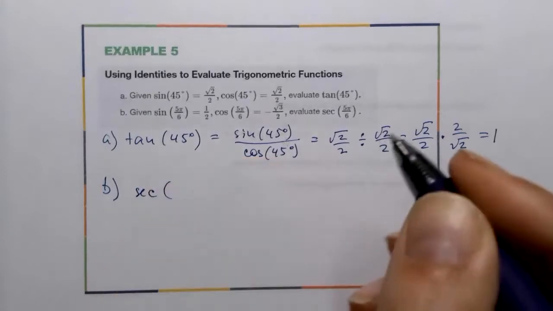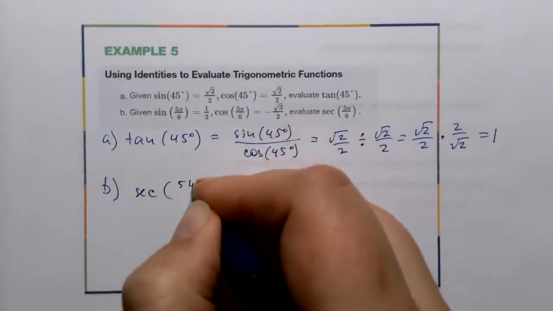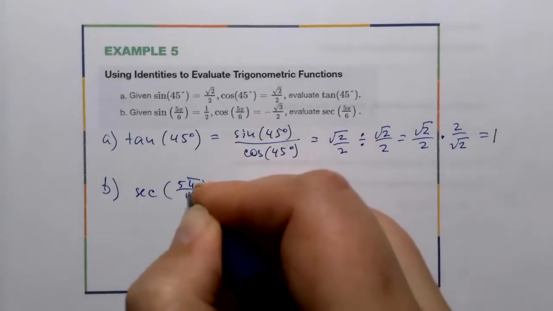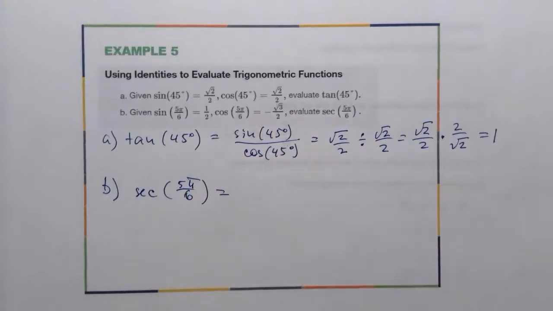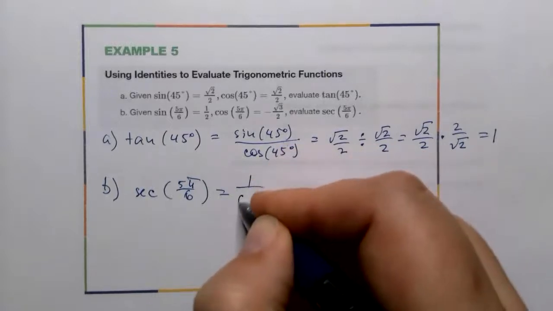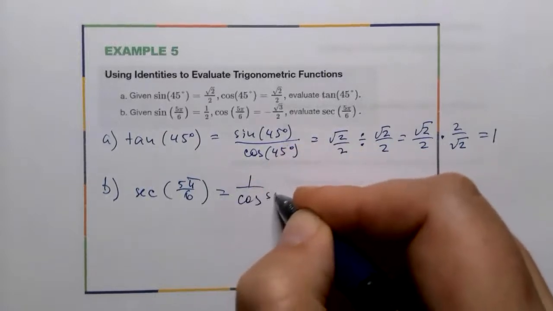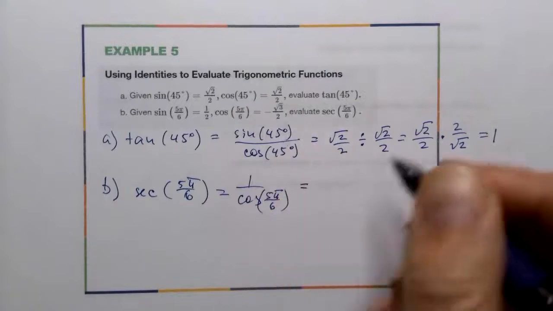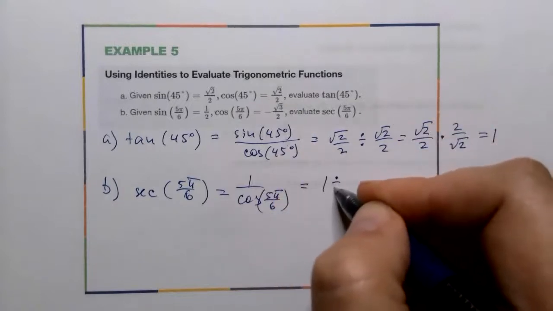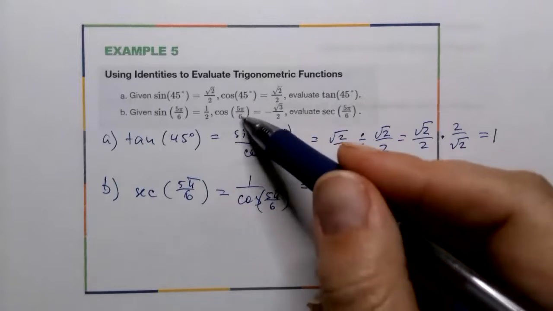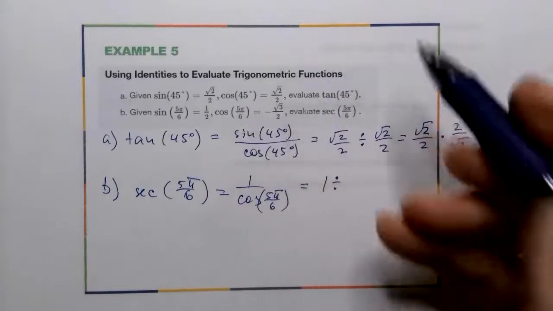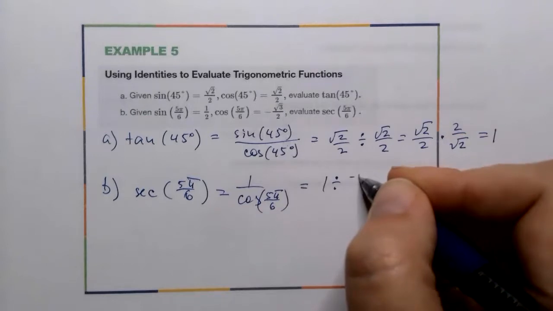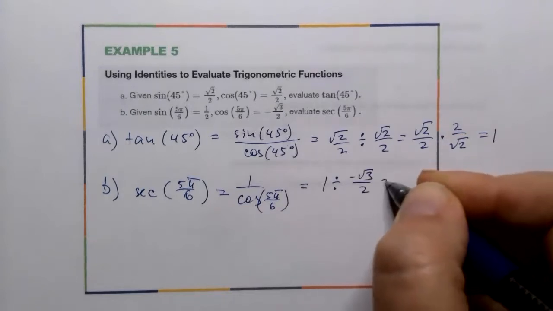So secant of 5 pi over 6 is 1 over cosine of 5 pi over 6. So it's 1 divided by cosine, and cosine is negative square root of 3 over 2.